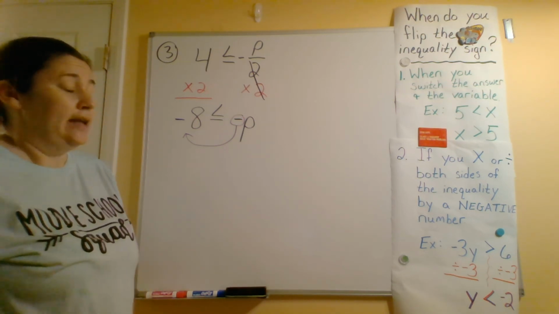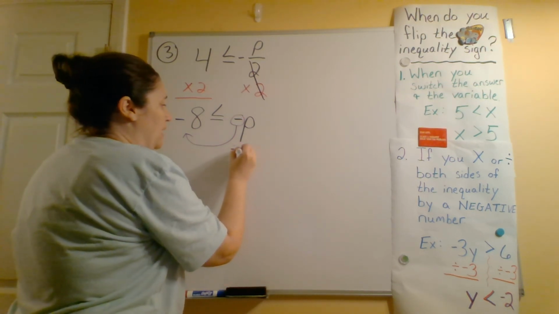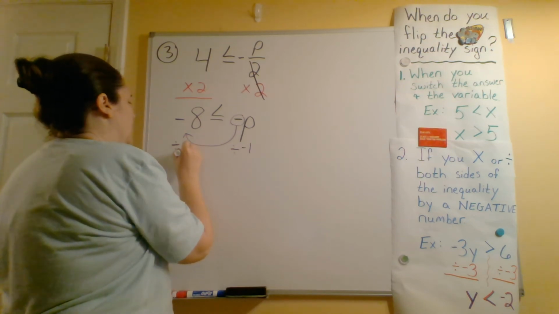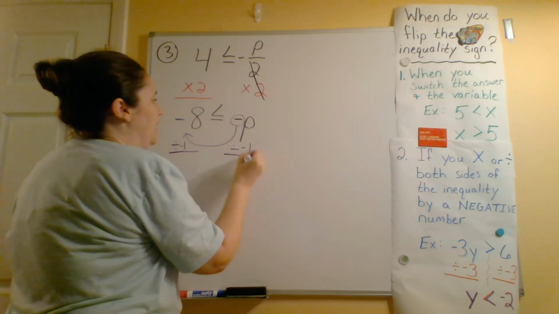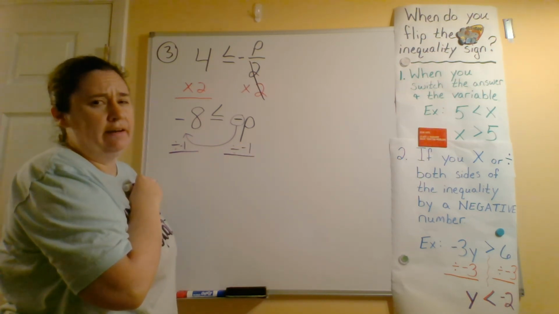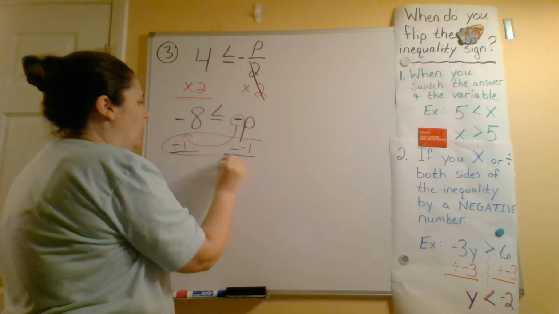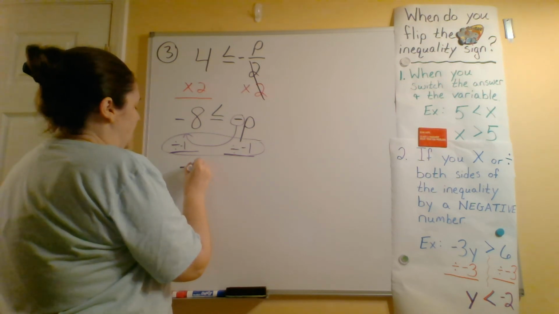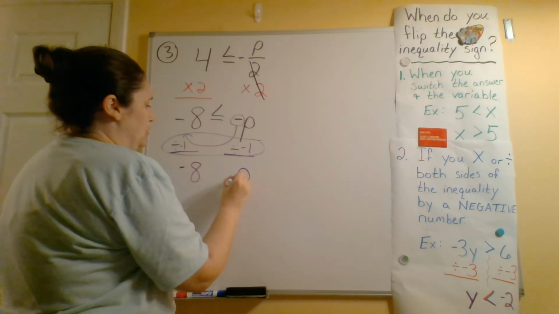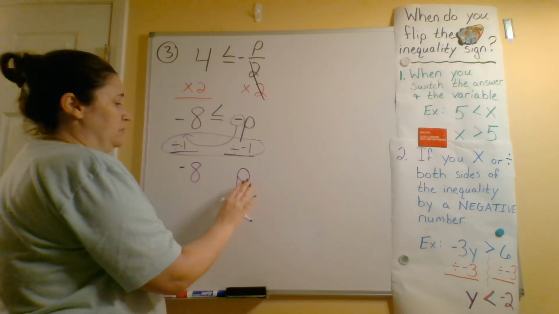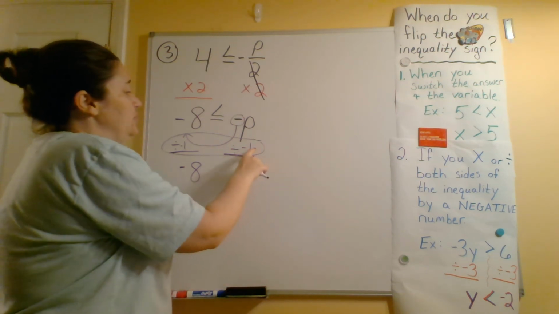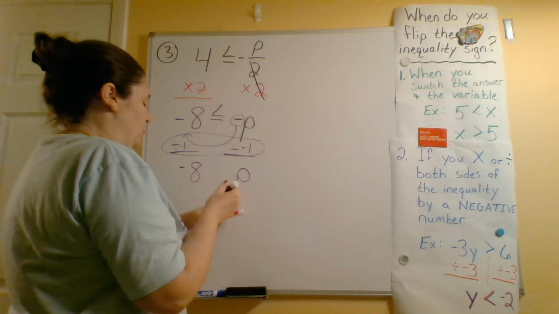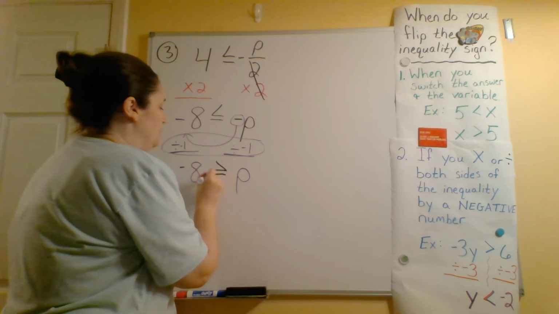That is the same as dividing by a negative 1. You're basically dividing by a negative 1 when you do that, and now you are dividing by a negative number. So when you move the negative sign over here to make it negative 8 on the left, P on the right, you're dividing by a negative number. So you do have to flip that sign.